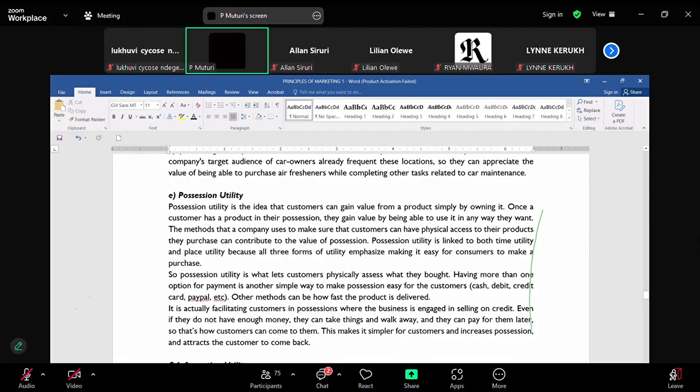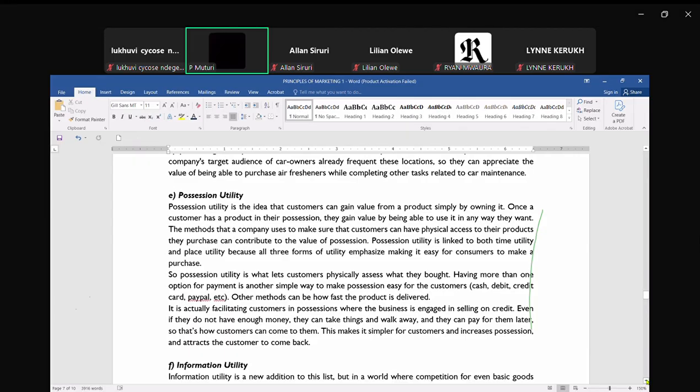So the whole aspect of possession, you must make it much more convenient for the customer. And so you see most of the companies where you're ordering online, they'll tell you pay on delivery. Yeah. Because you, as customer, are more comfortable that way. That is how you gain possession. So make it easy for the customers to pay.